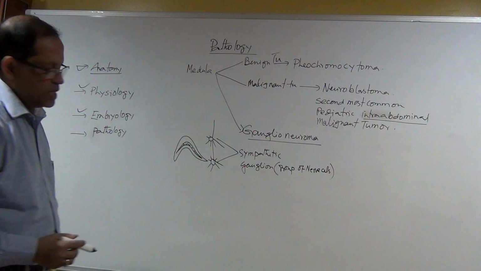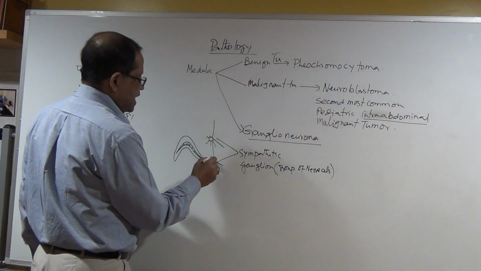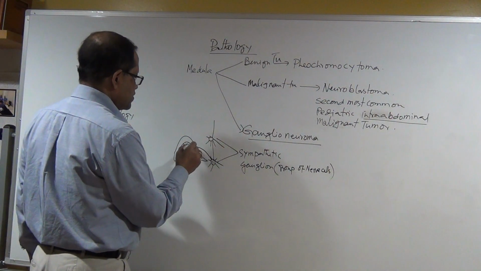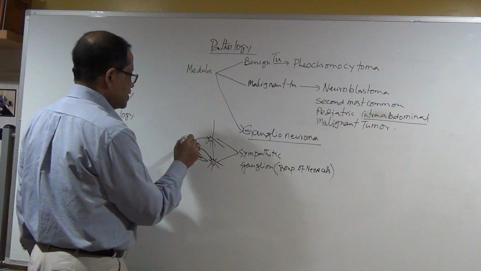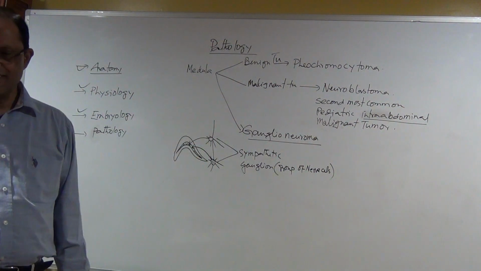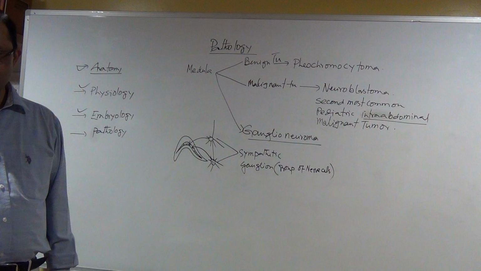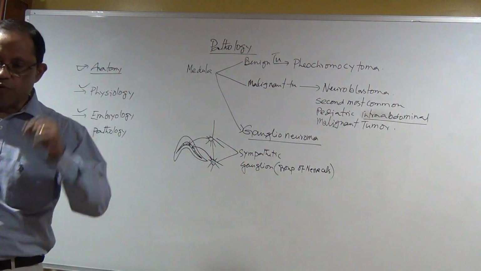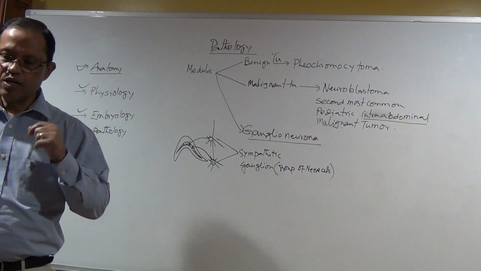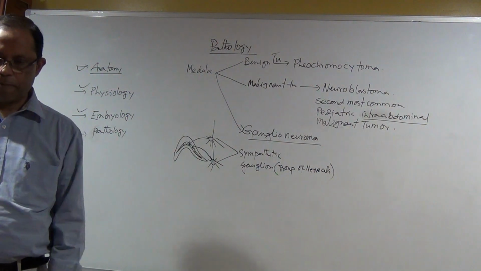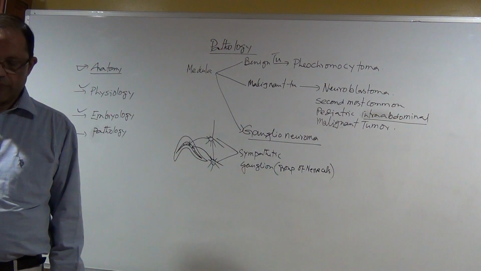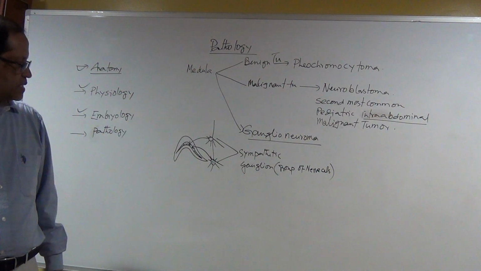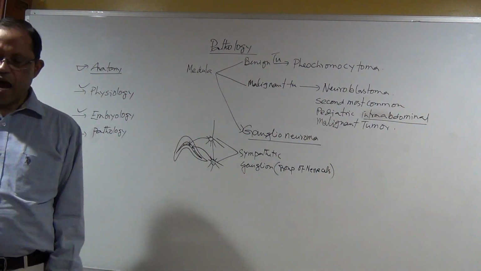During development, some of the cells from here migrate into the medulla. That's why it is neurogenic. The medulla is composed of nerve cells, and because of the nerve cells it is hyperechoic.